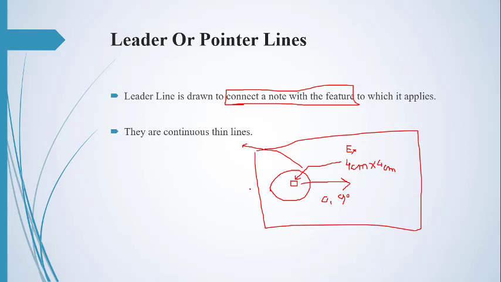If I draw a line that is horizontal, it is not okay, it is wrong. If I draw a vertical line, this is also wrong. So I will provide some angle like this one. You can also add a dot here instead of an arrow. So this also shows the leader or pointer line.